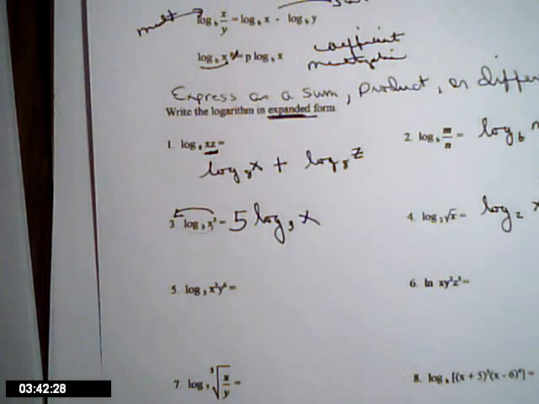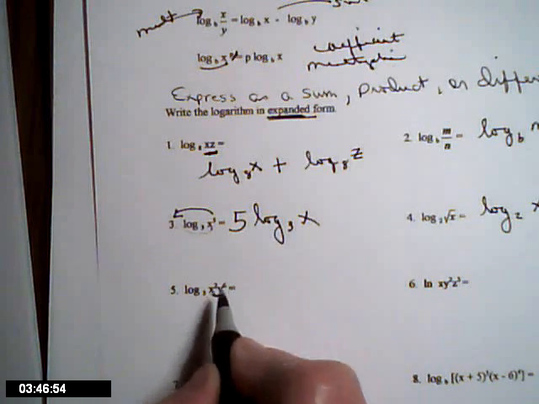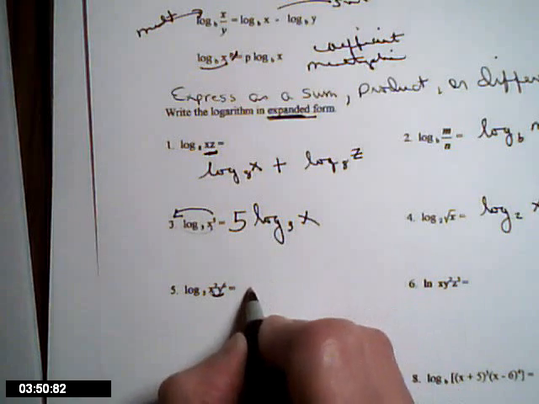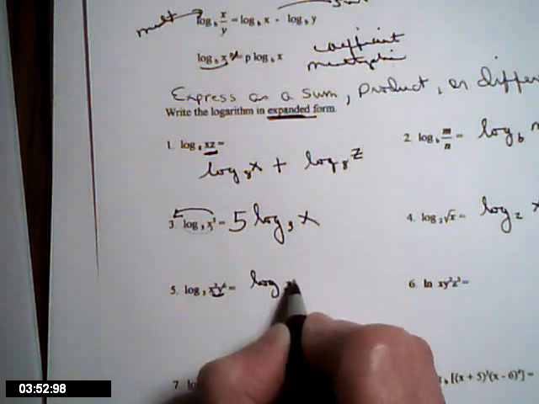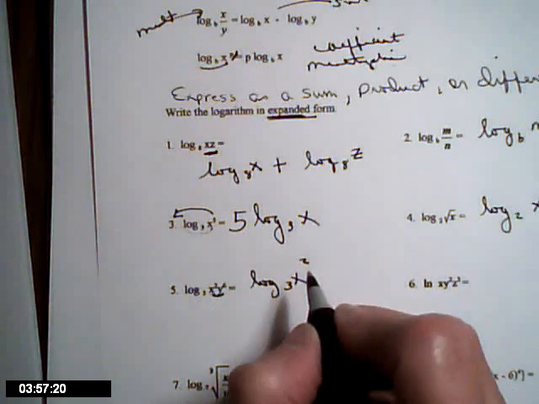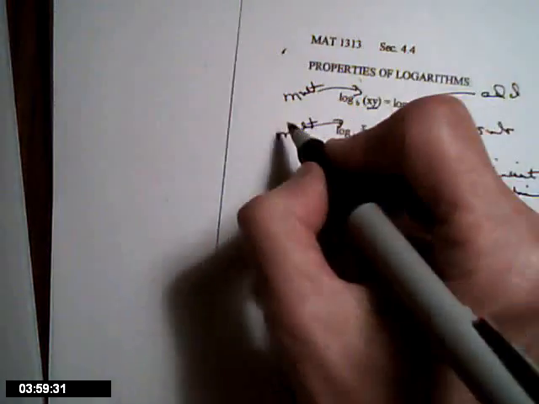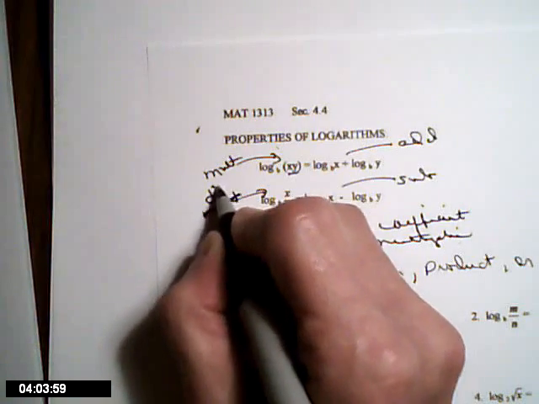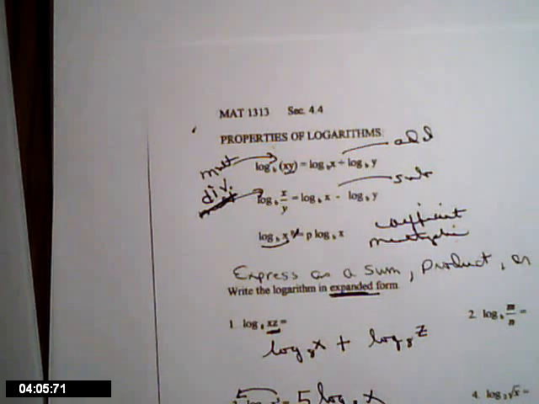Number 5, you're going to begin seeing two rules put together. I see a product, and each of those factors has a power. So first you're going to have log base 3 of x squared. Because of multiplication, let's go back up here. This should have been division. I'm sorry, I just looked up and saw a mistake. Division associates with subtraction.